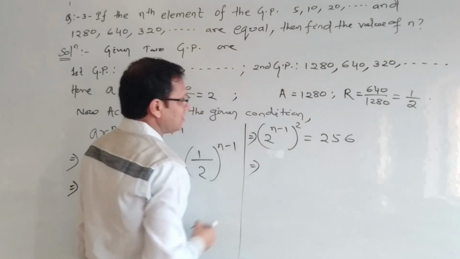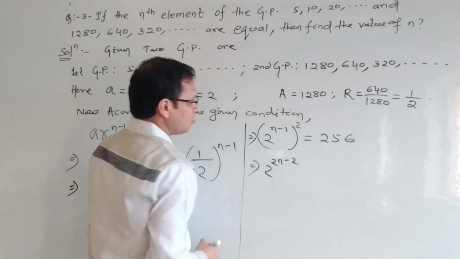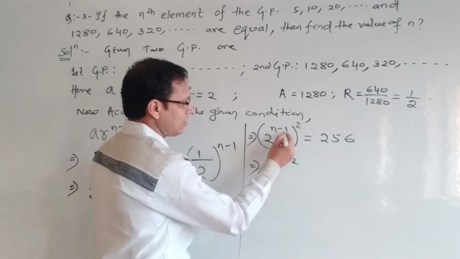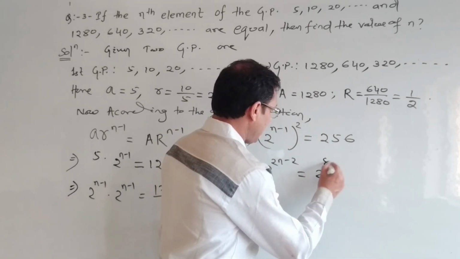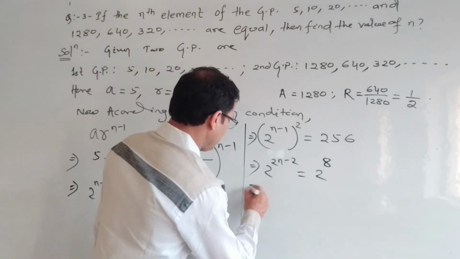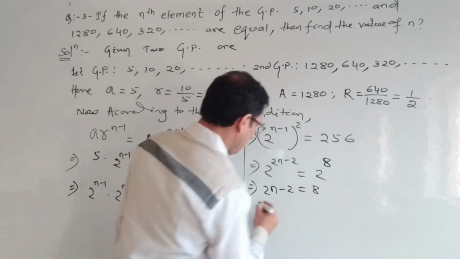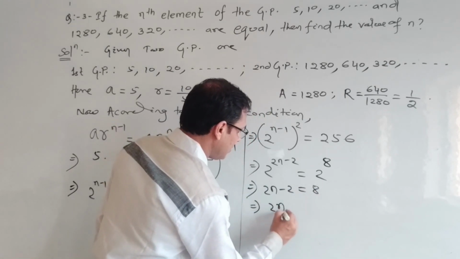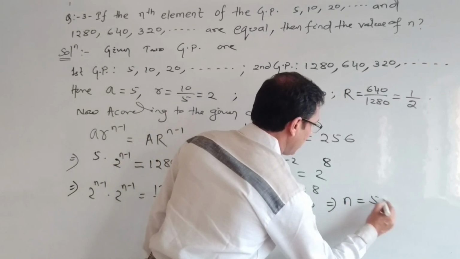So that implies 2 to the power 2n minus 2 is equal to 2 to the power how much? 2 to the power 8. So 2n minus 2 is equal to 8, or in other words 2n is equal to 10 and n is equal to 5.